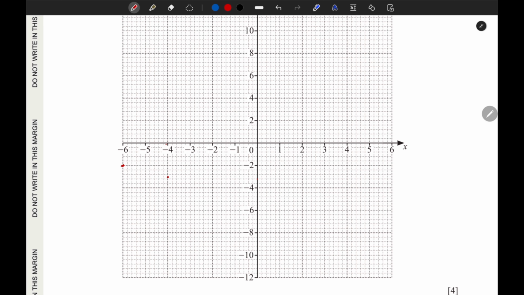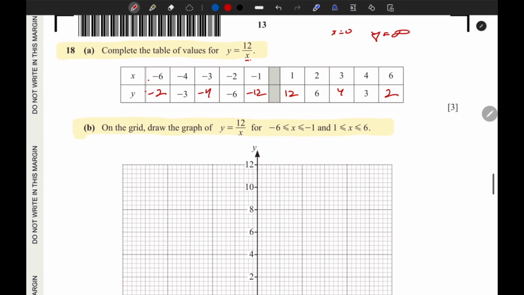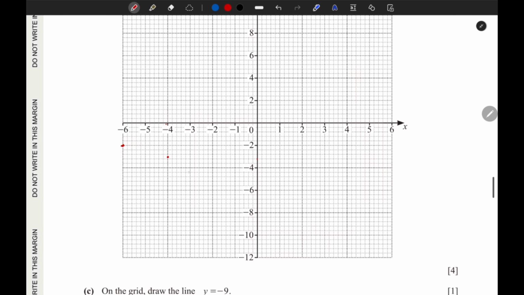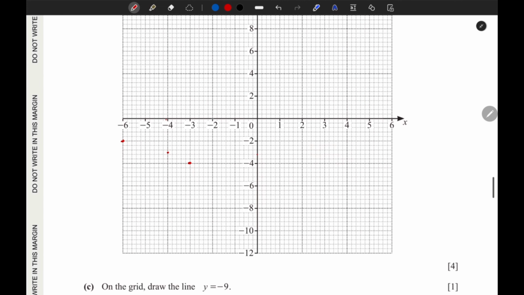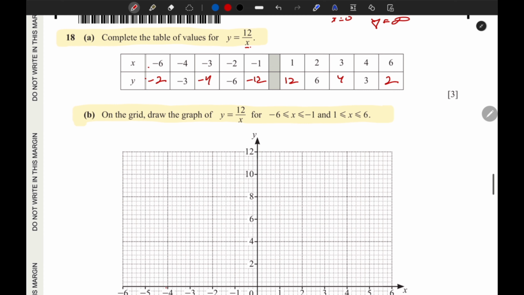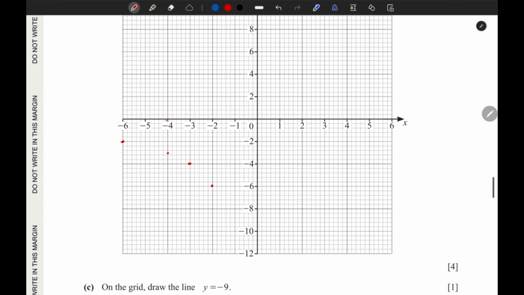Then we have minus 3, minus 4 over here. Then we have minus 2, minus 6 over here. And then we have minus 1, minus 12 over here. Now first of all, we can join them roughly by hand. So this will be joined like this.